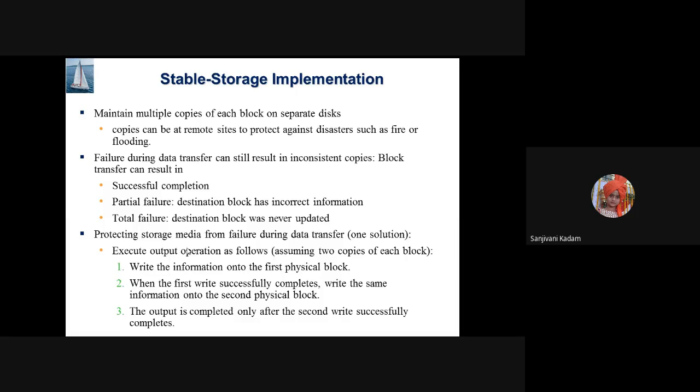If there is a change to a single copy, then that change needs to be carried to the other two copies, because we are going for a stable storage implementation, and hence whatever changes are there need to be reflected to the other two copies also.